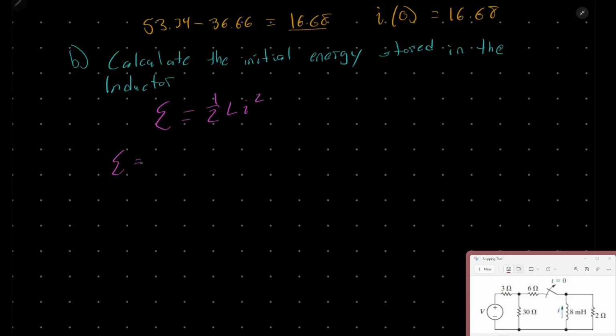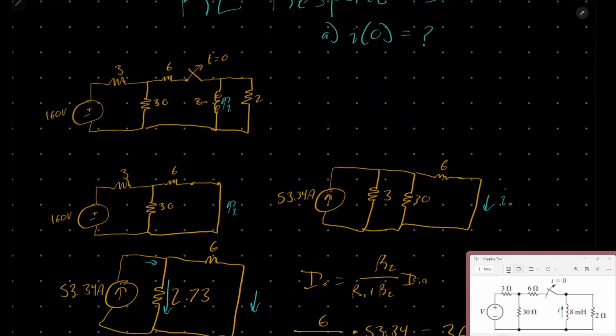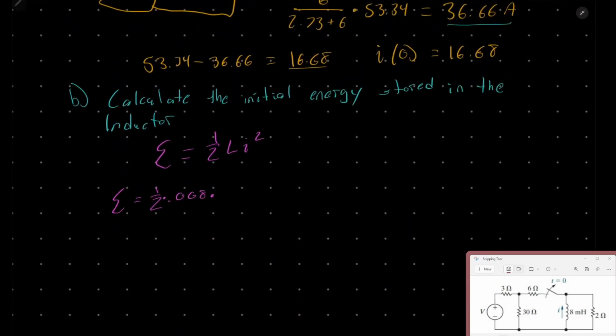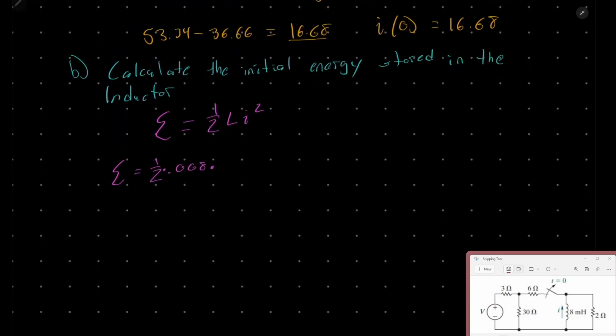So E is going to be equal to 1/2 the value of our inductor, which is 8 millihenries, 0.008, times the current that we got of 16.68 squared, and we will just plug that into our calculator. That's going to be equal to 1.11 joules.